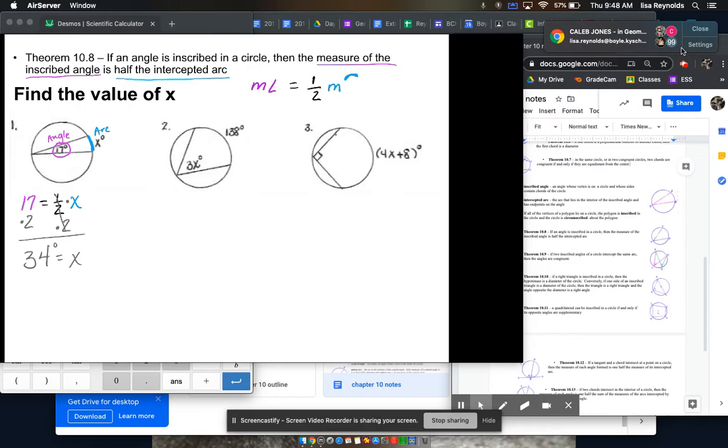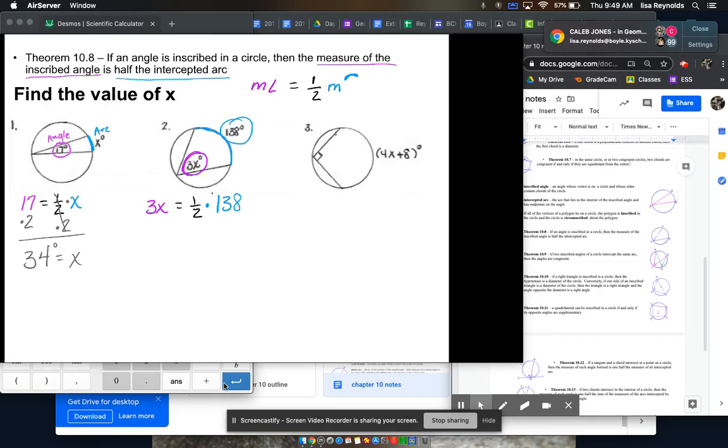In the next example, pay close attention to which pieces we're working with. So this 3x is our measure of the angle, and it is going to equal half of our arc measurement. The arc is this curved section, which is 138. So we're going to take half of 138.